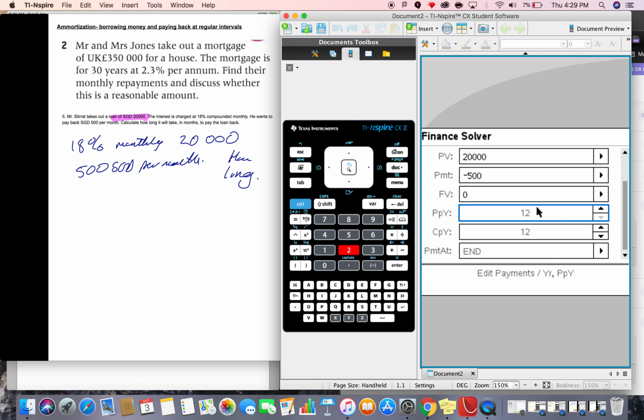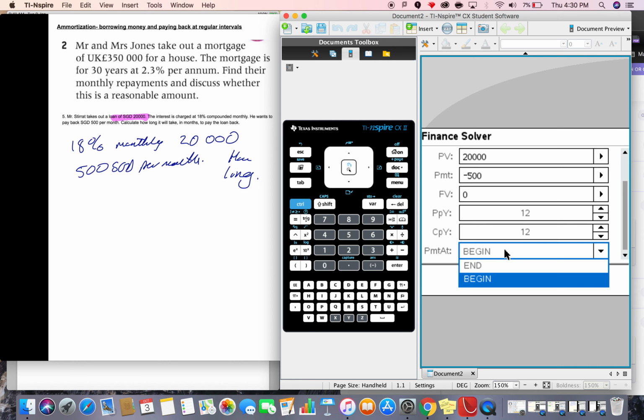So that's 12. And it just so happens that the interest rate is compounded monthly as well, so they happen to be the same. They don't always have to be the same. In this instance, they are the same. One thing you have to think about is end or begin. If you go to the bank, you take out a loan of 20,000, and on the very first day you don't automatically pay back 500.